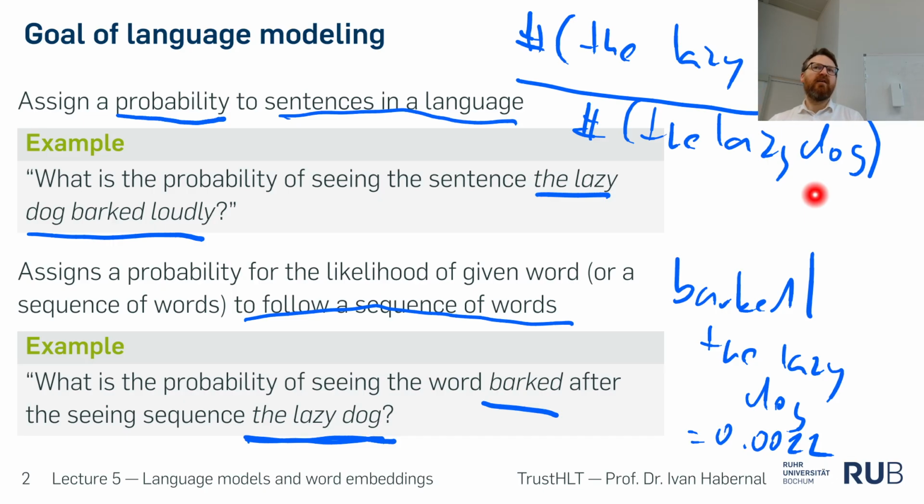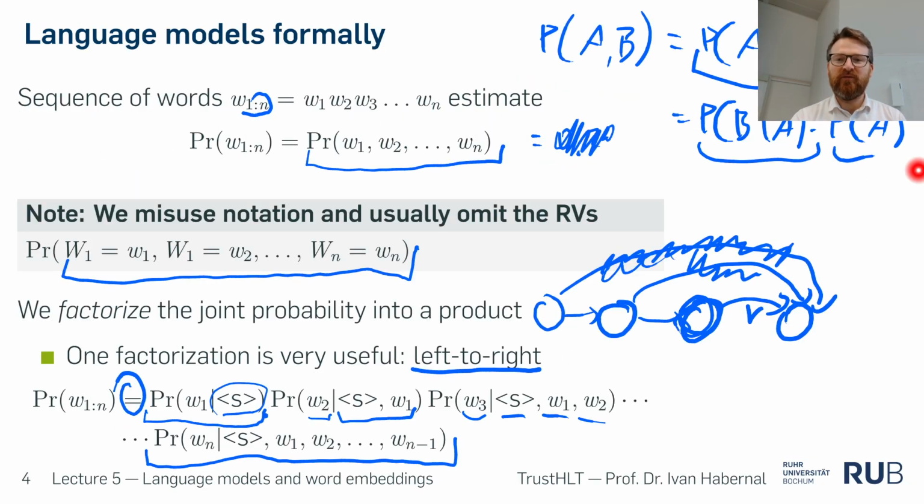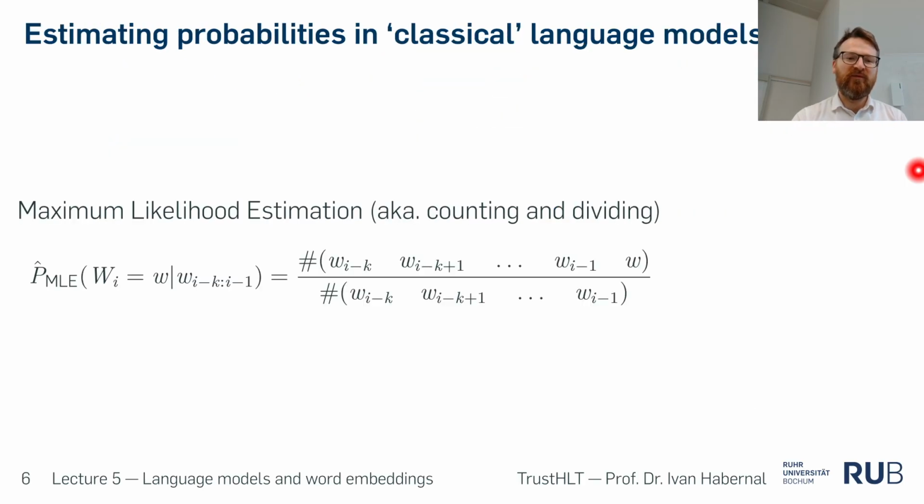Like counting and dividing. Yeah, intuitively it makes very much sense, and we take it from the internet. Of course, depending on the size of the context, we're getting so many parameters. So this is great, because we just figured out how to do a thing called maximum likelihood estimation. This is exactly what we're doing, aka counting and dividing.